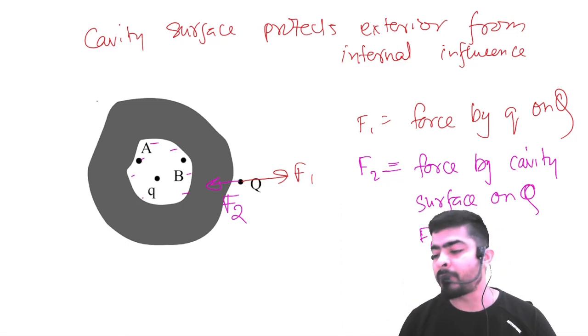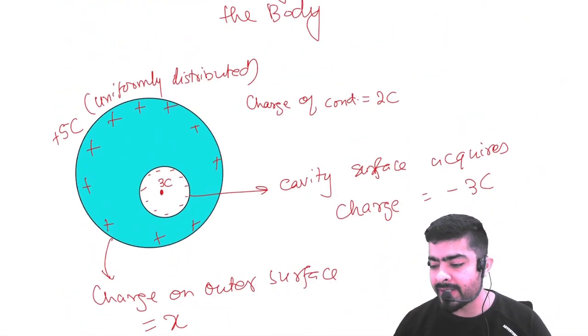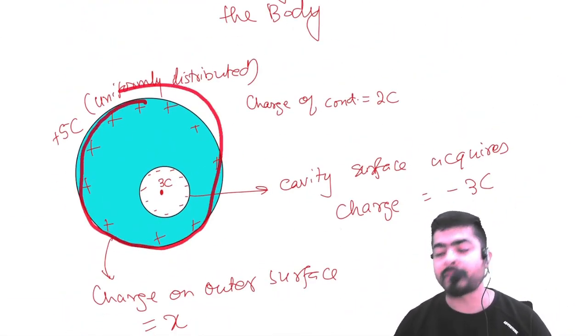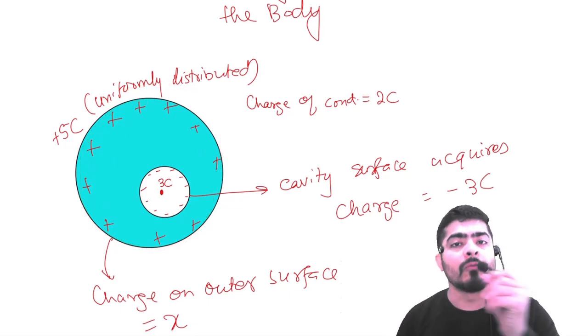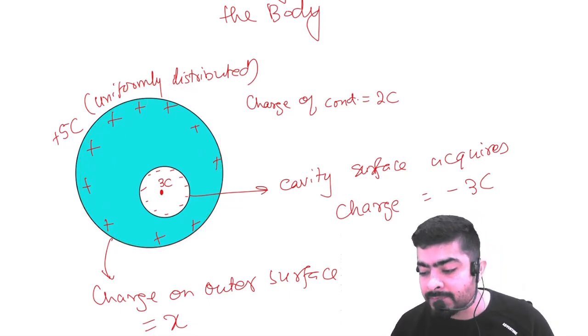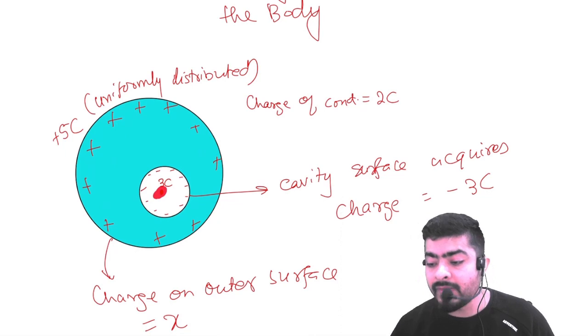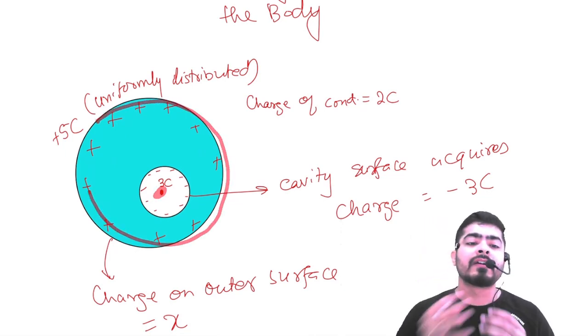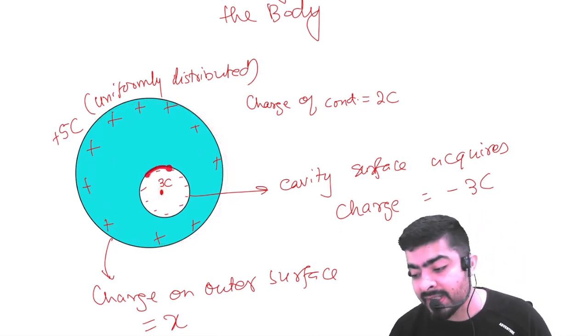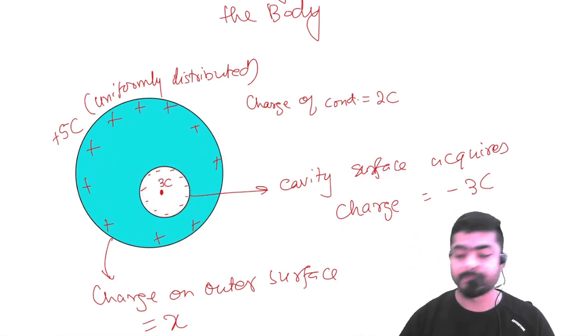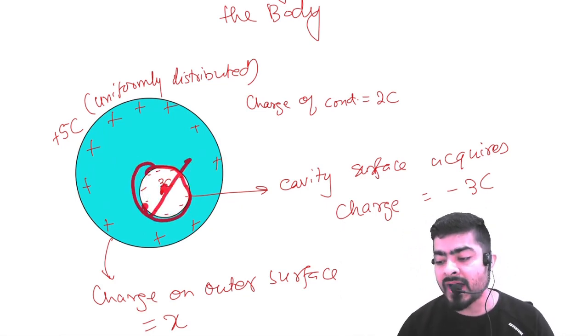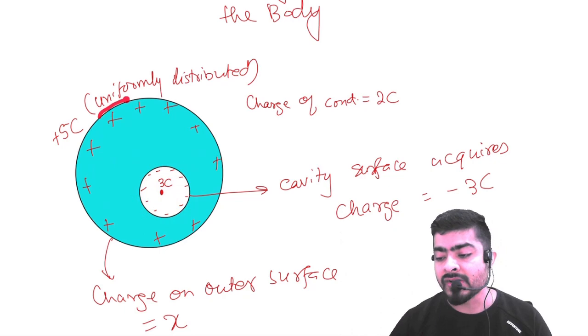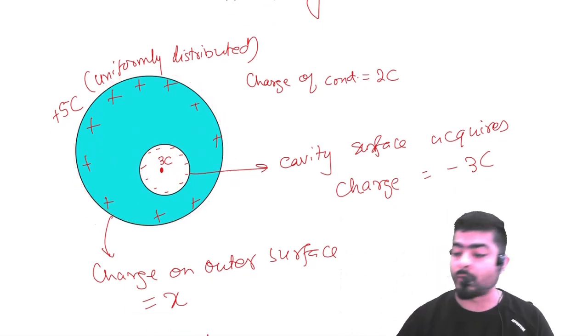Okay, another important fact, like I told you, that the charge on the outer surface is uniform. Why? Because this charge will try to distort the outer surface, but the cavity prevents that. Cavity and this charge, they cancel each other, so there is no influence on the outside.